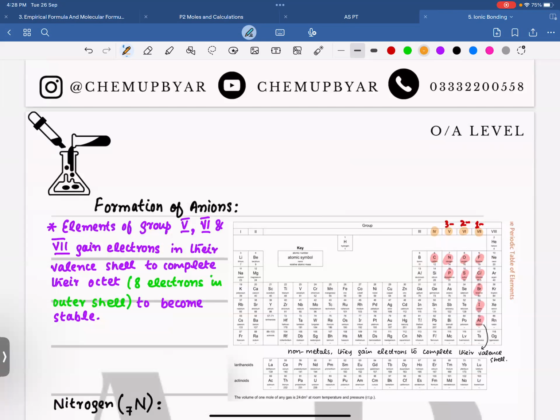So instead of losing their valence electrons, they are going to gain electrons. When they gain electrons, they have 8 electrons in their valence shell and become stable. So the elements which I have highlighted over here are from group 5, group 6 and group 7. These are non-metals, and non-metals have a tendency to gain electrons.